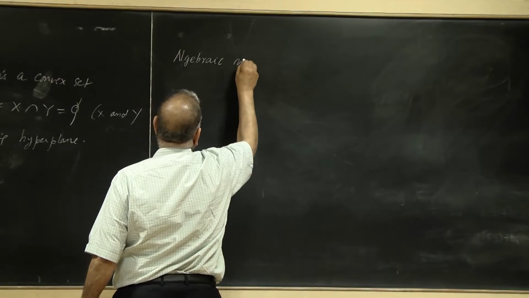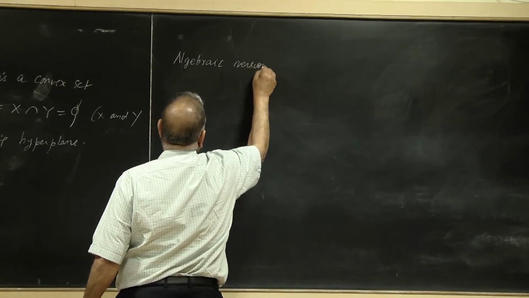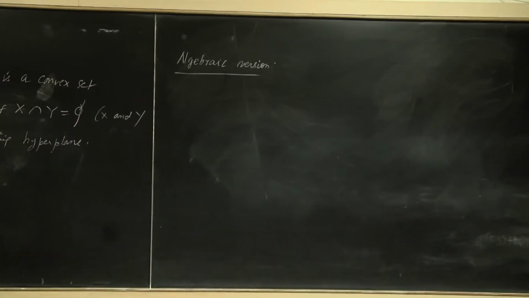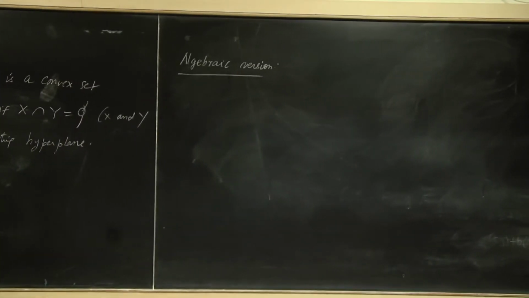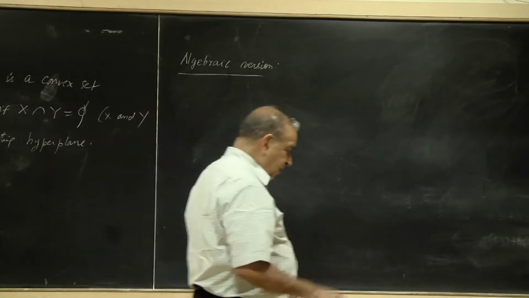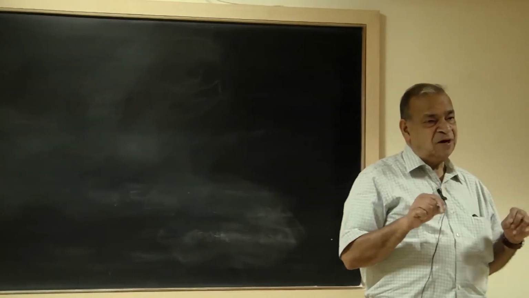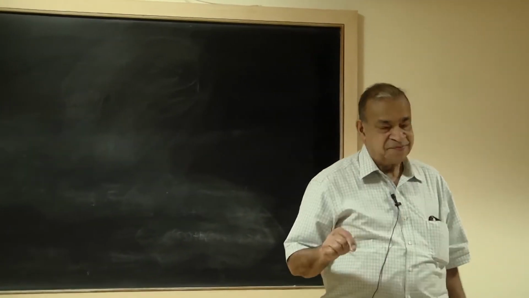Algebraic version. So what it says is, in three dimensions, we wrote the hyperplane as ax plus by plus cz equals d.